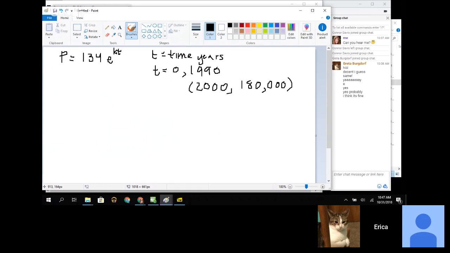In the year 2000, the population was 180,000 people. The source is the U.S. Census Bureau. Find the value of k for the model, round your result to 4 decimal places, and then use your model to predict the population in 2010. Okay? So the one thing to note is that population P is in thousands.